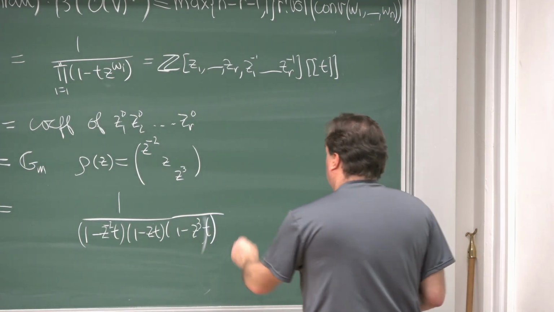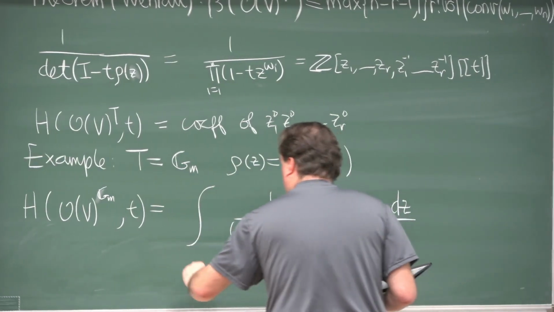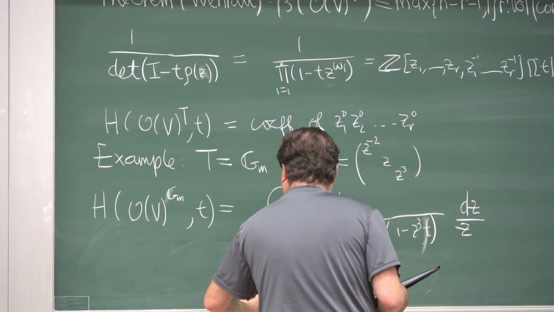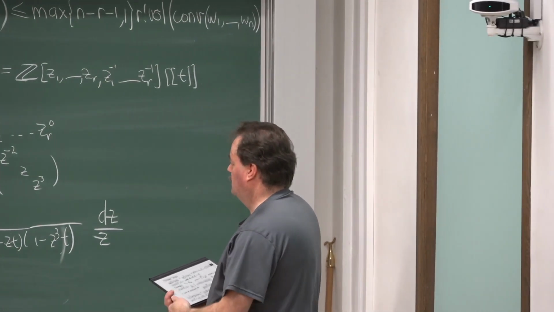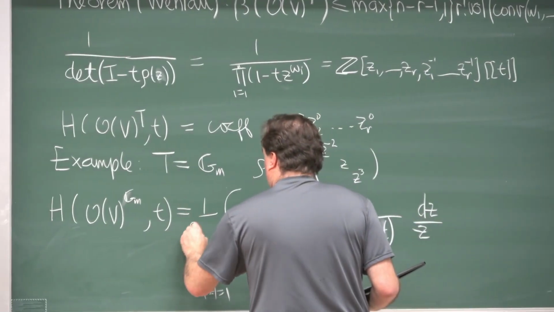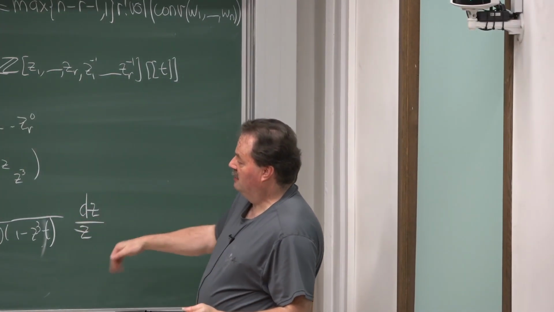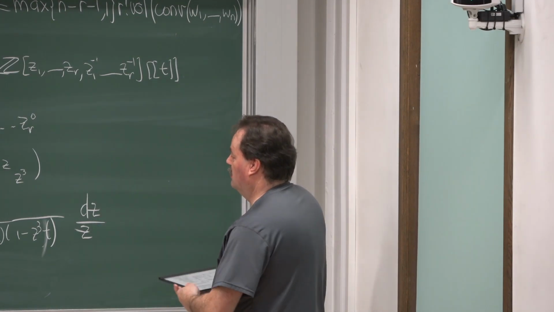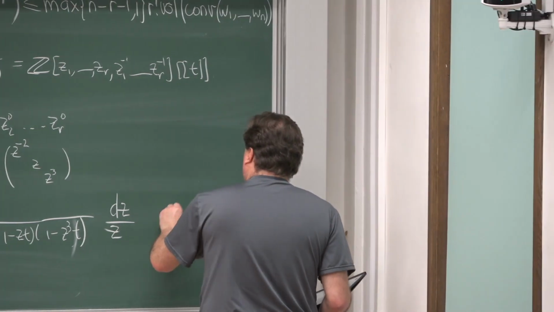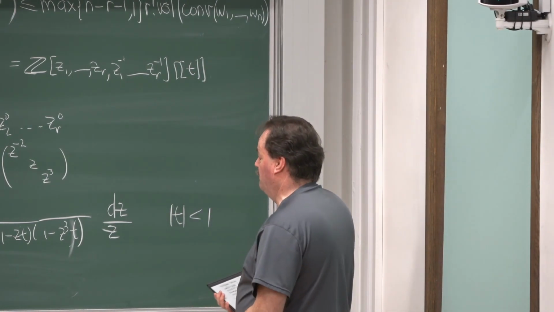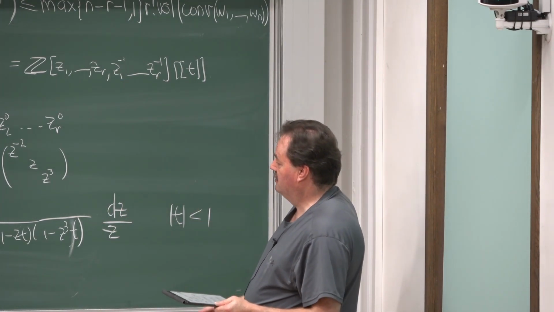And now we take dz over z, multiply it with that, and then we integrate over the unit circle, and then you have to divide by 2 pi i. Okay, so that's a formula. What is this t? Things have to converge so that all power series converge. So let's just say that t in absolute value is smaller than 1, then everything converges absolutely. And so we have this formula.